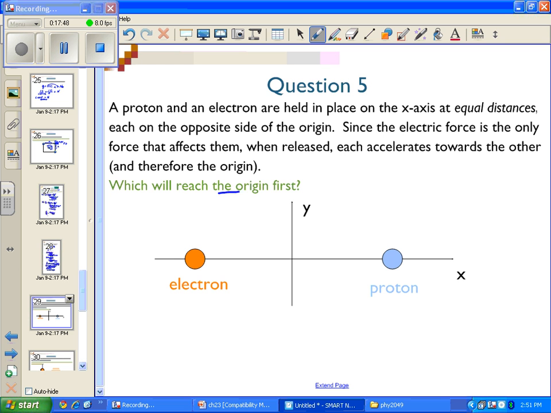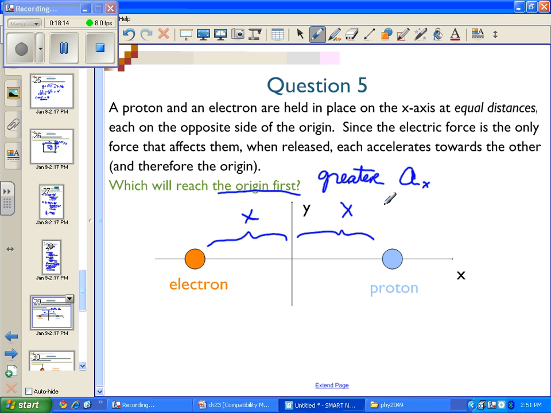Now, asking this question basically says, okay, if this is the same distance as this, the one that's going to reach the origin first is the one that's going to be moving faster. And because they are released from rest, the one that is going to be moving faster will be the one that has the greater acceleration.